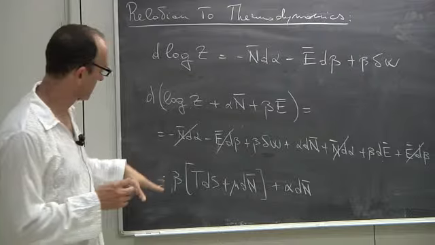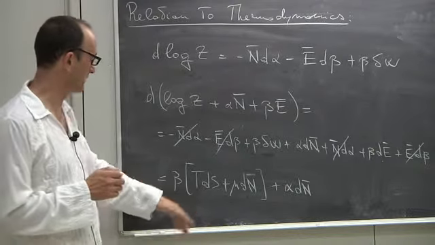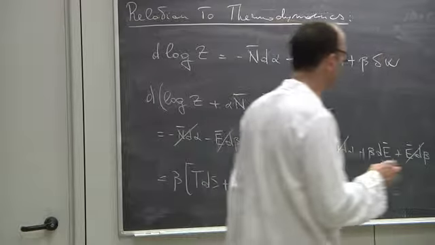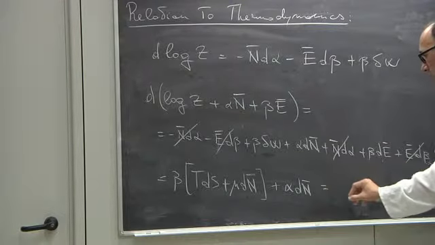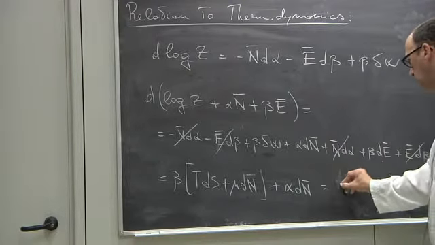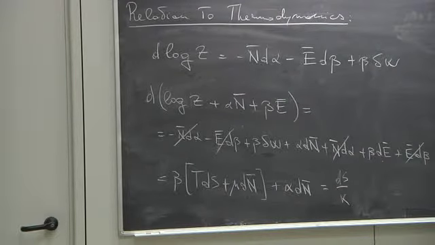So if we take this choice, then we have out of this an exact differential, which is just dS over k.